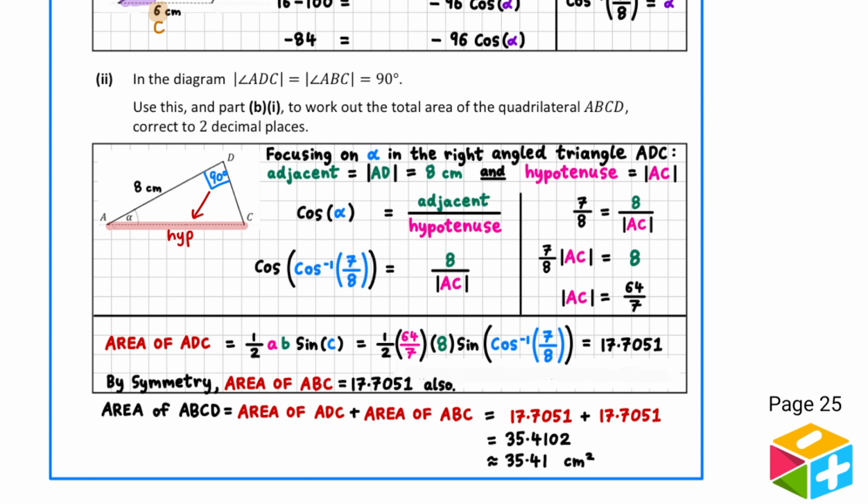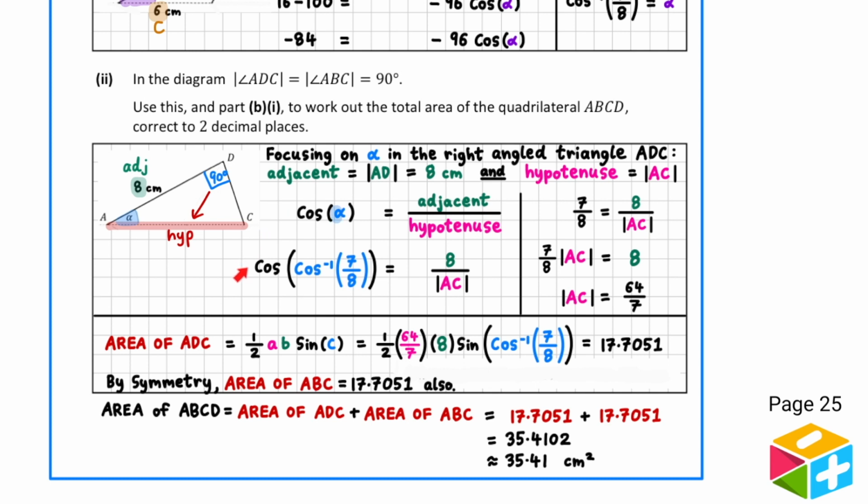Focusing on the known angle, alpha, the side AD, which is 8 centimeters, corresponds to the adjacent. Since we're working with the adjacent and the hypotenuse, we can use the result that cosine of alpha will be equal to the adjacent over the hypotenuse.